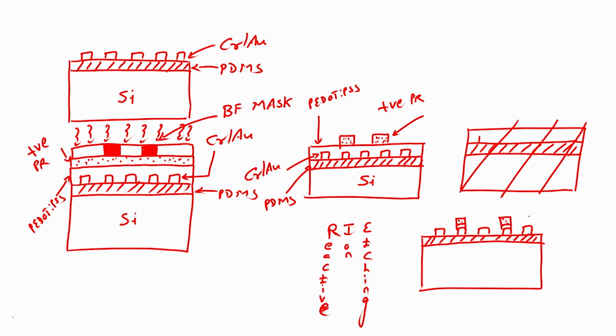So, what do I have? I have here positive photoresist, then I have PEDOT:PSS, I have chrome gold, then I have PDMS, and that is silicon.